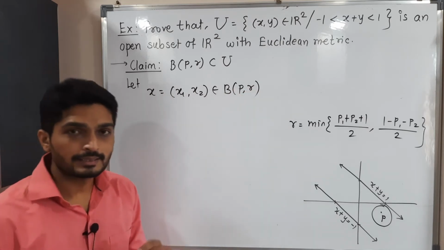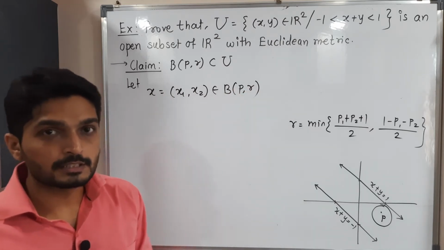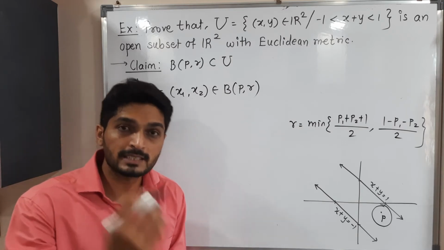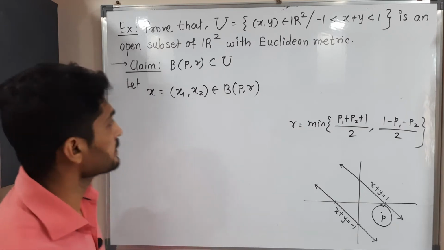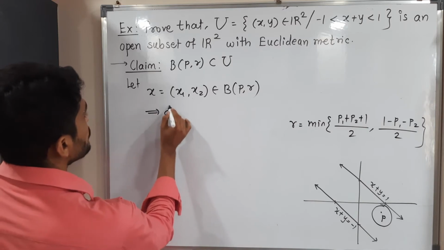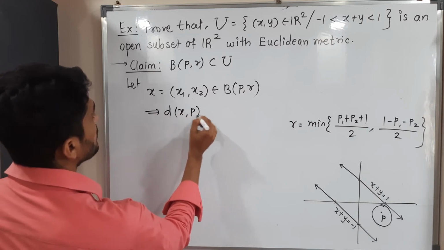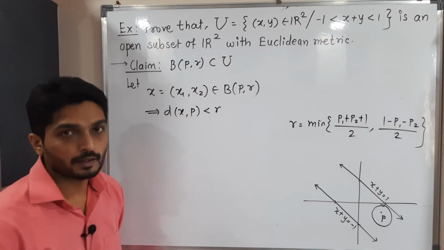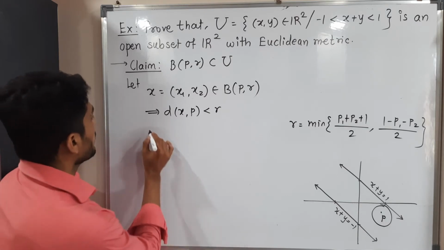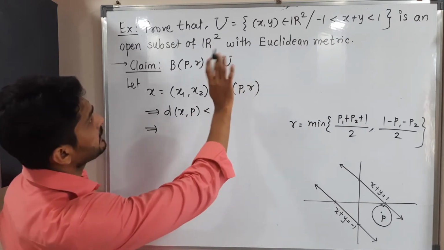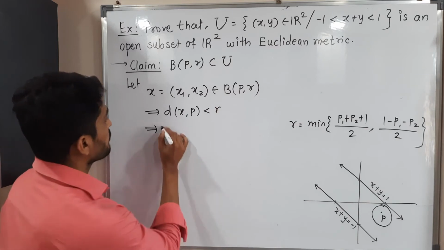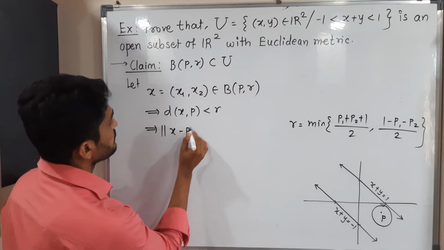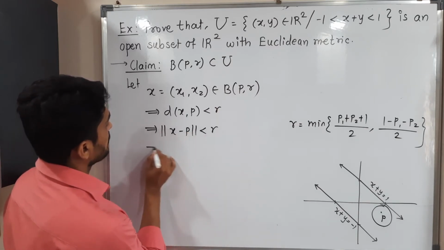See, x lies in this ball, that means the distance of x from the center of the ball is less than its radius. So the distance of x and P is less than R. This is the Euclidean norm, so we write norm of x minus P less than R.